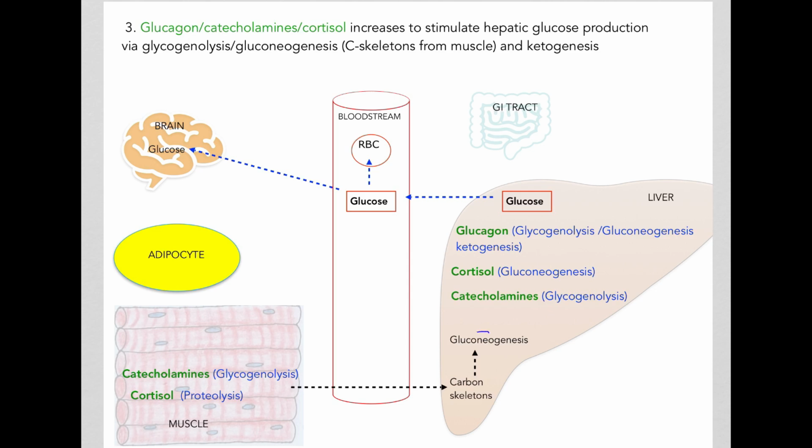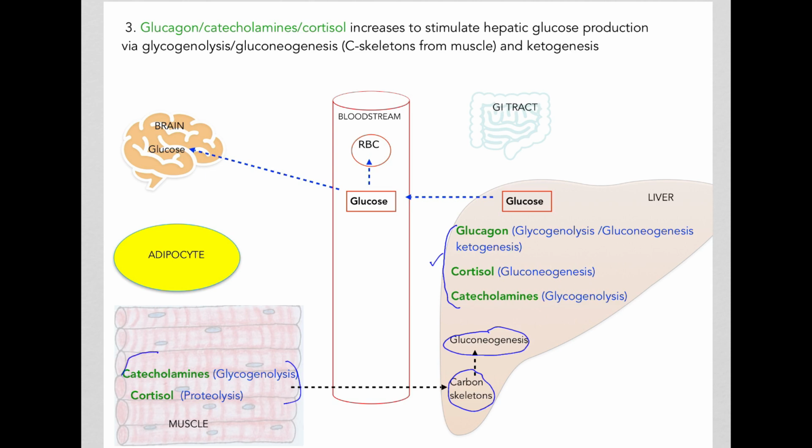To make glucose by gluconeogenesis, we require building blocks, carbon skeletons, and these carbon skeletons come from the muscles. So we have hormones such as glucagon, cortisol, catecholamines that will cause the liver to increase glucose production.